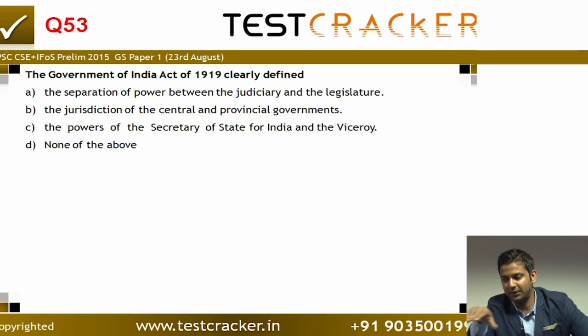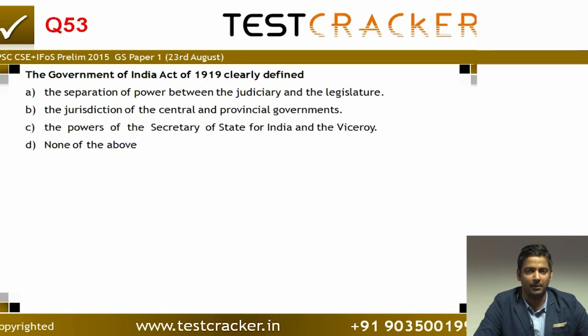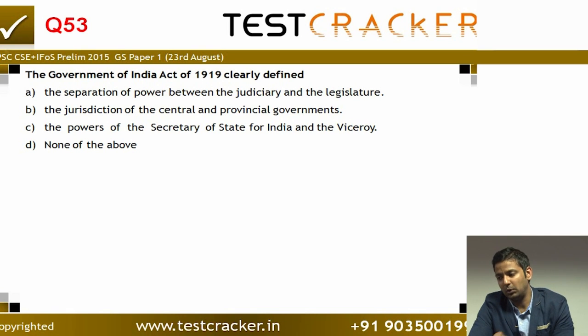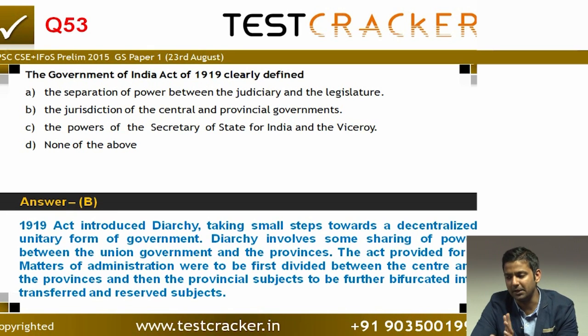So obviously, the Government of India Act of 1919 defined the jurisdiction of the central and provincial governments, which is option B. The only doubt here, if at all, is with regards to 'clearly defined'. But surely the Government of India Act 1919 gave a structure to this, therefore we'll go with option B.